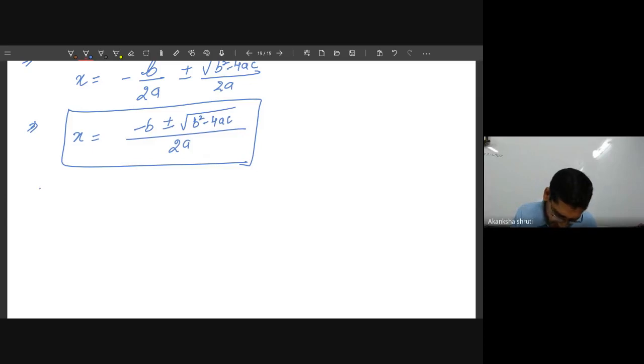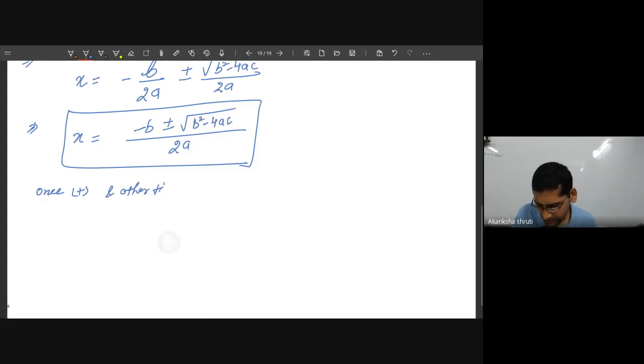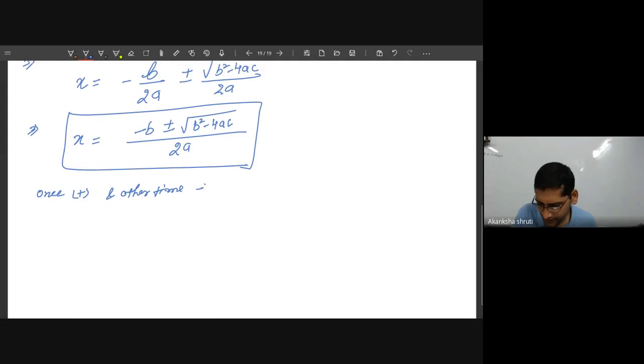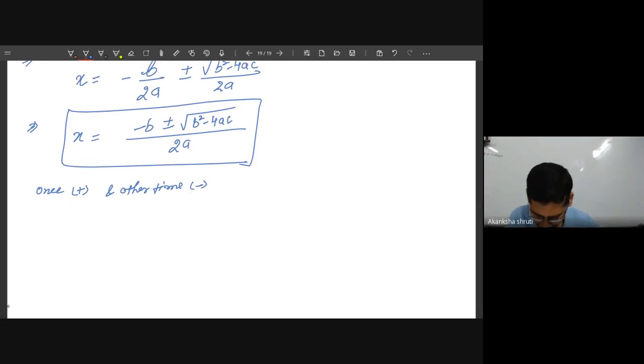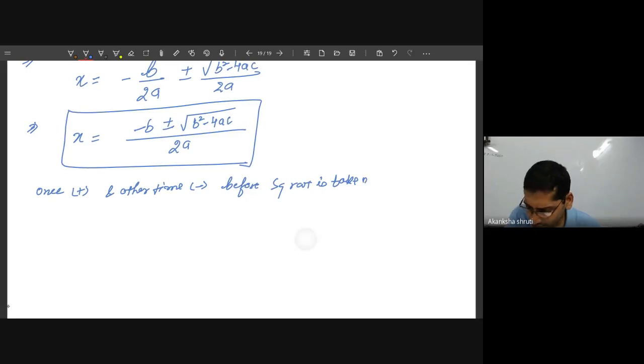Right here, once plus and other time minus before the square root is taken. If you are taking plus once and minus other time, you will get different values.